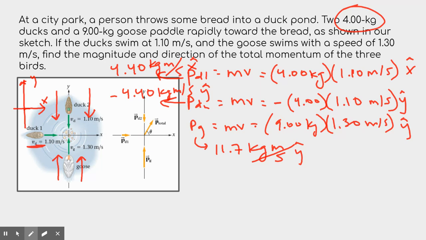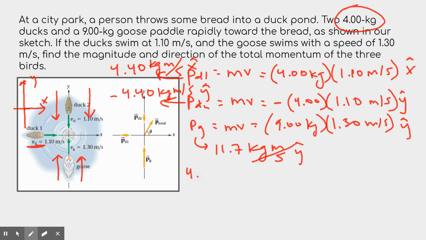Now we want to find the total momentum of all of those birds together. So I'm going to have to add everything up. So my total momentum is just the momentum of the first duck plus the second duck plus the goose. But notice, because of these x and y components, that we can't simply add all of our values together.